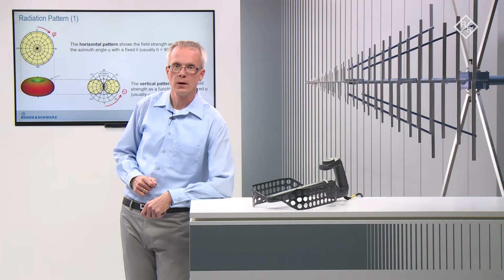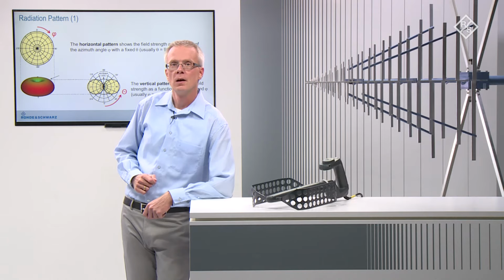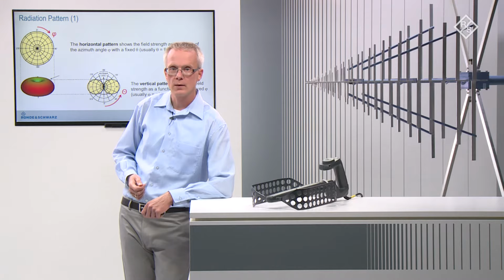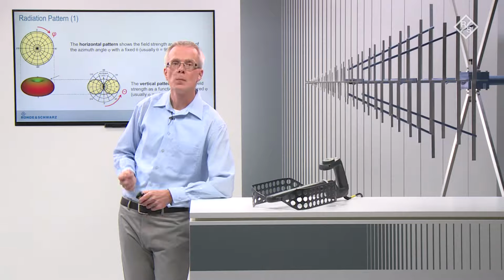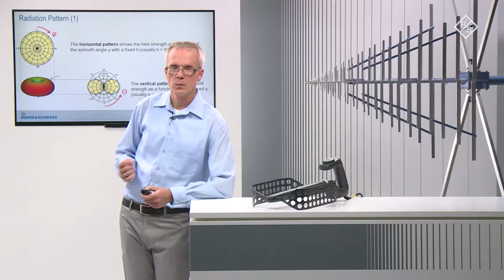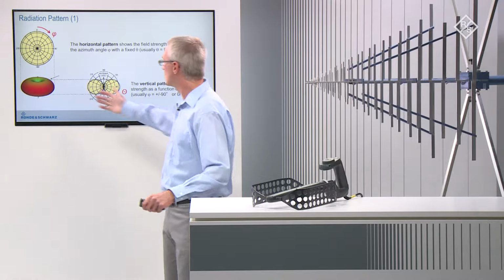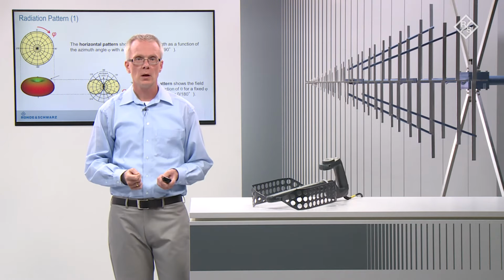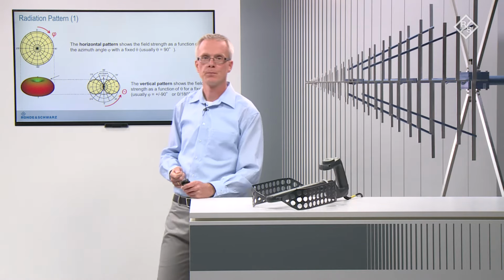The next parameter is the radiation pattern of an antenna. While the radiation characteristic of any antenna is actually three-dimensional, it is common practice to describe the radiation with two planar patterns, also called the principal plane patterns. They can be obtained from the spatial radiation characteristics by looking at a cut plane through the origin and the maximum of radiation.